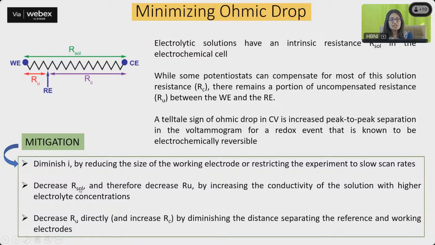So how do you mitigate this? You can reduce the size of the working electrode, or restrict the experiment to a very slow scan rate, or increase the conductivity of the solution by using very high electrolyte concentrations, or diminish the distance separating the reference electrode and the working electrode. By this you can minimize the peak to peak separation.